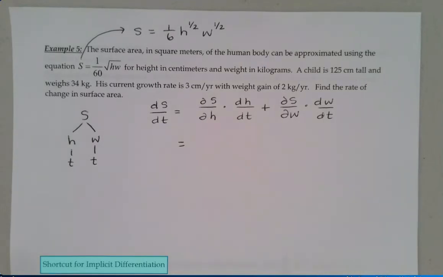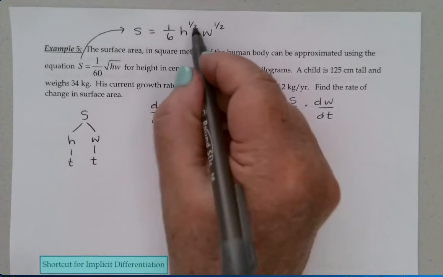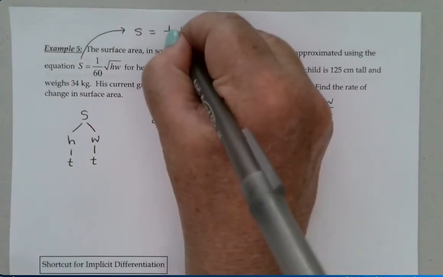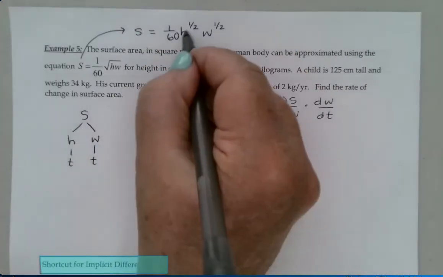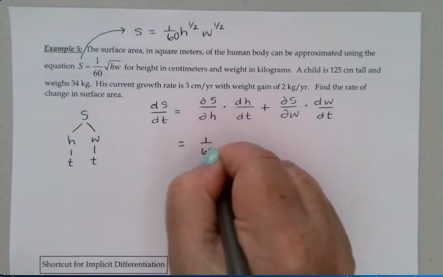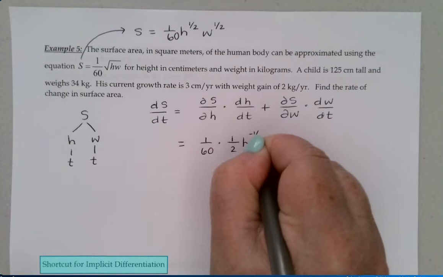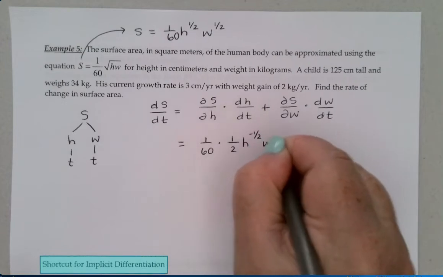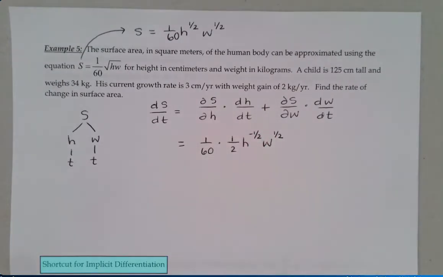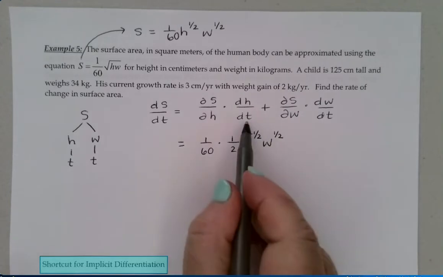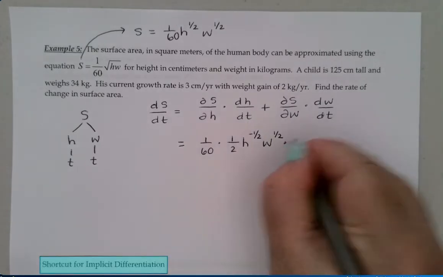All right, so dS/dH, I'd have 1/60th times 1/2 H to the negative 1/2 times W to the 1/2, and then that gets multiplied by dH/dt.